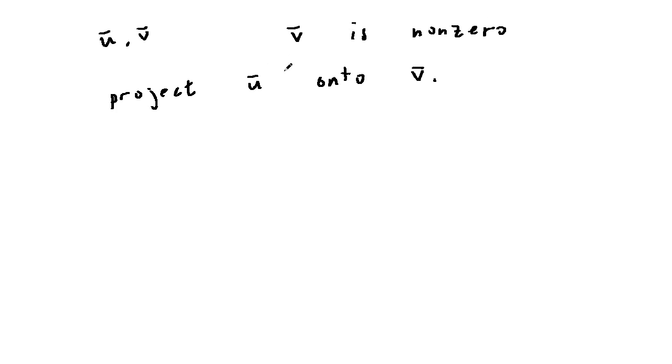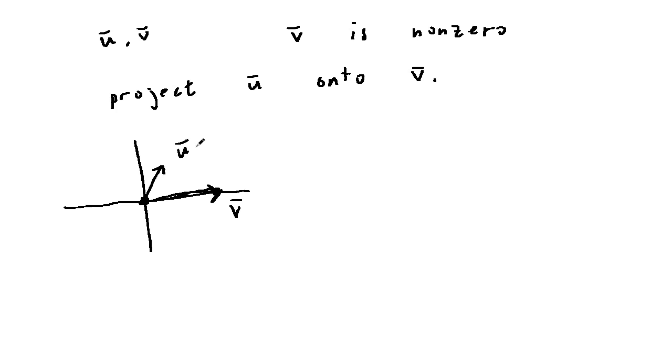Okay, what does that mean? Let's draw a graph here. Let's say this is our vector here, v. Just some non-zero vector. And let's say we have a vector u like that.